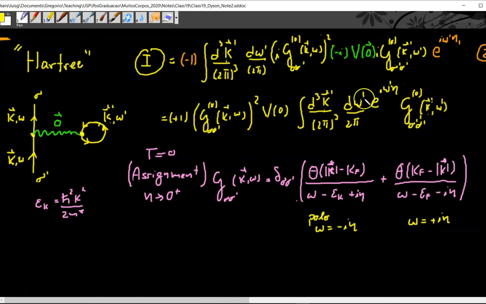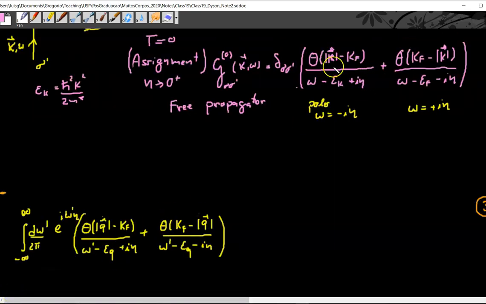So this will be important when we do this integral here. All right. So what we have to do now is just plug this, this is the free propagator, and we plug this in there, and let's evaluate the integral of the frequency first, and then we see what happens to the integral in k prime.